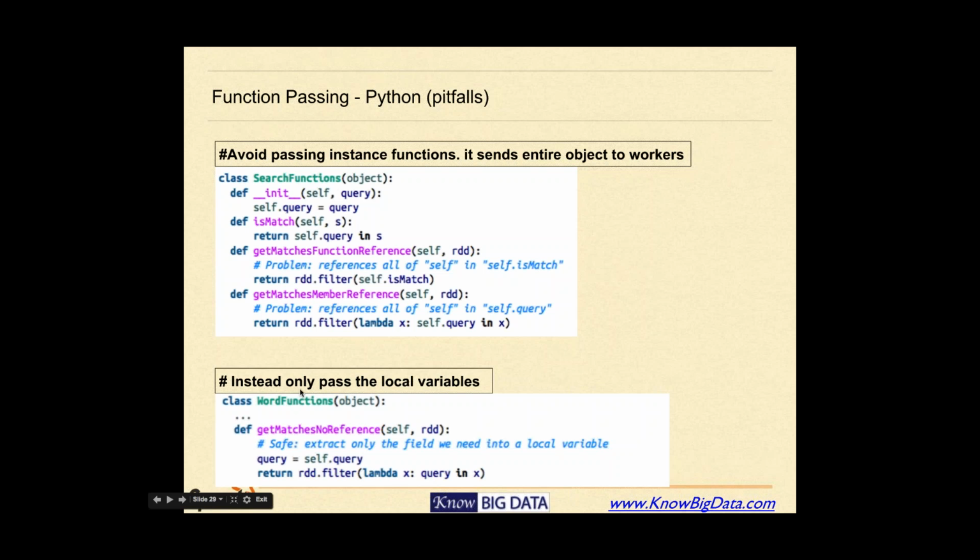So for example, for this one, here in get match not reference, instead of passing the self object here, what we could do is extract a variable from self and then pass only that part to the RDD, only query. Now the self does not go there.